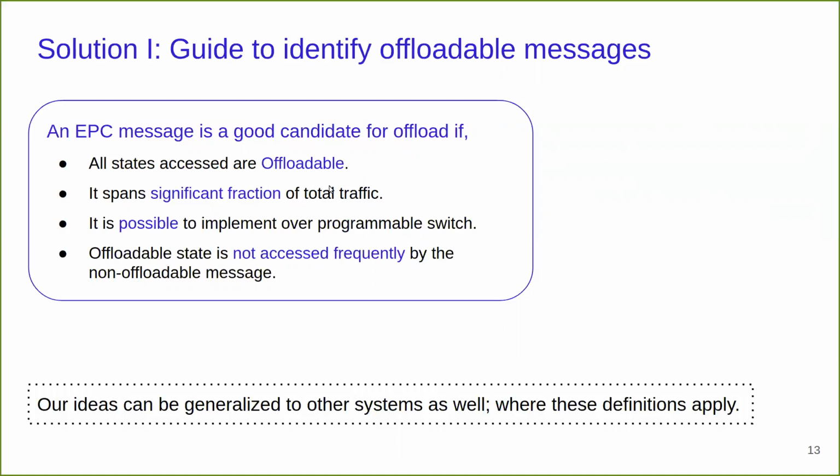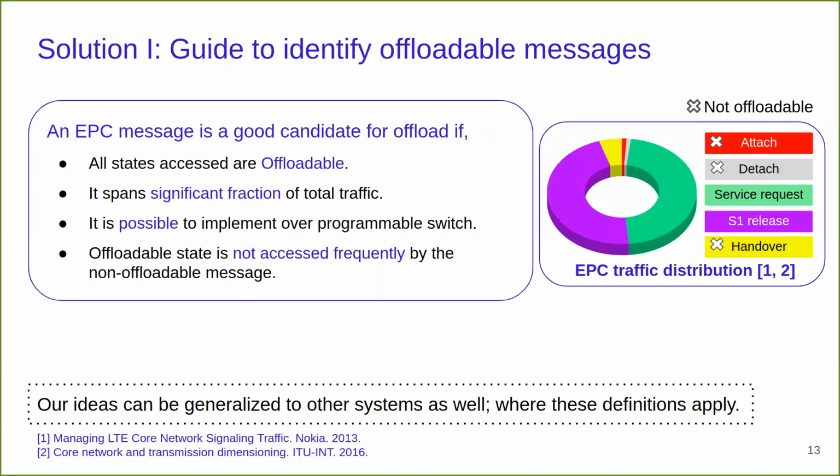Else, the effort of offload itself is wasted. The pie chart shows the EPC traffic distribution, and we see that S1 release and service request comprise more than 90% of total traffic. So they satisfy the second condition.